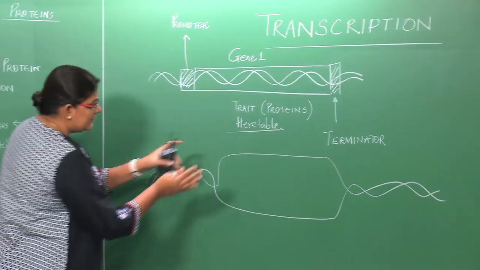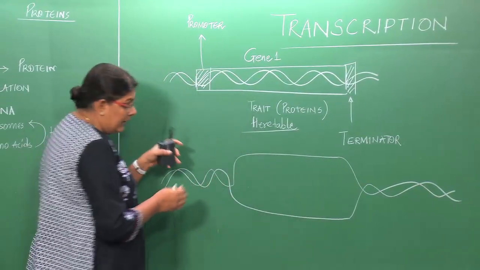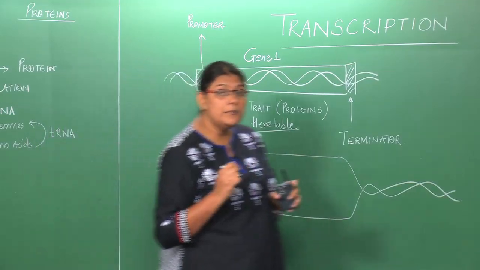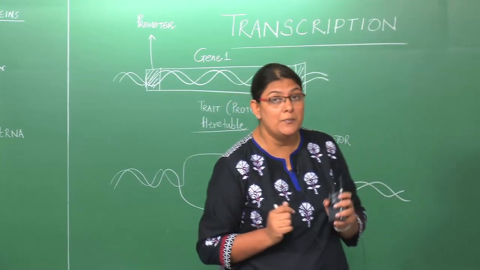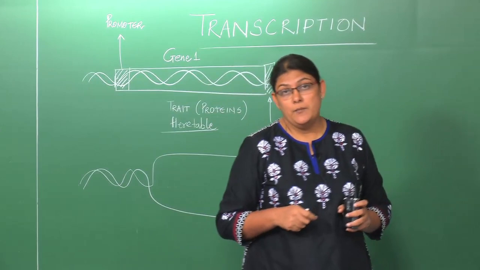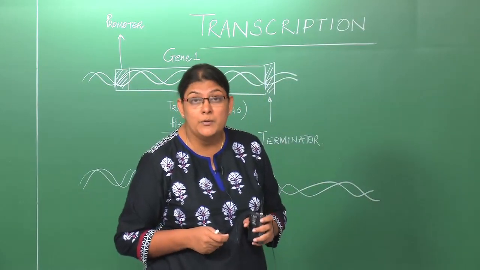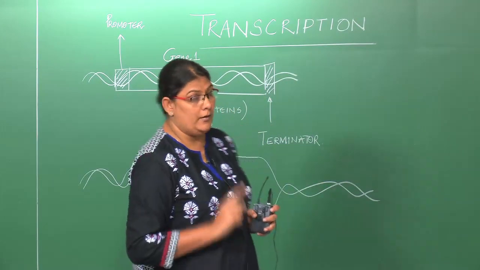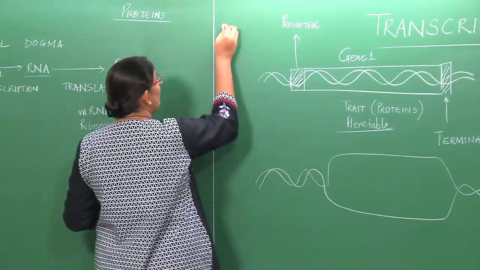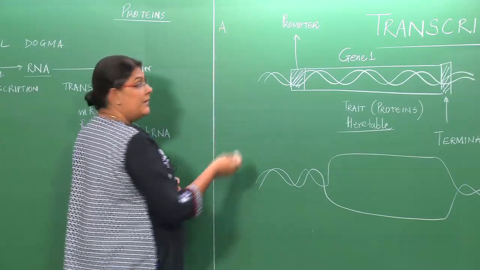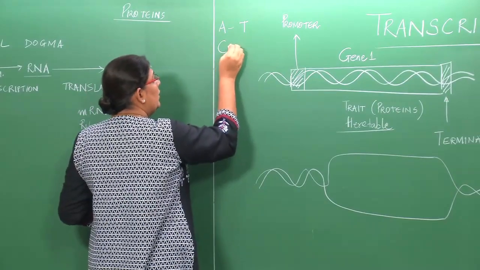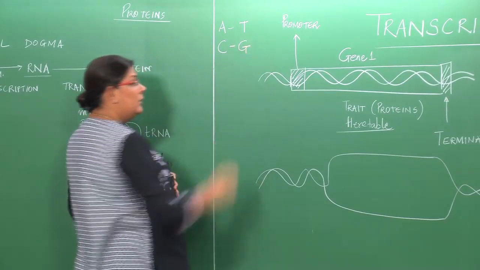Now, this uncoiling has to happen, the reading has to take place. Remember, in DNA replication the uncoiling was happening by helicases, and then the nucleotides were being added by an enzyme called DNA polymerase based on complementarity. Now, what is that complementarity? As I mentioned, in DNA an adenine will always base pair with a thymine, and a cytosine will always form a base pair with a guanine.